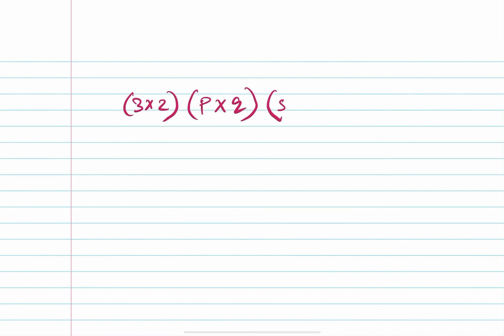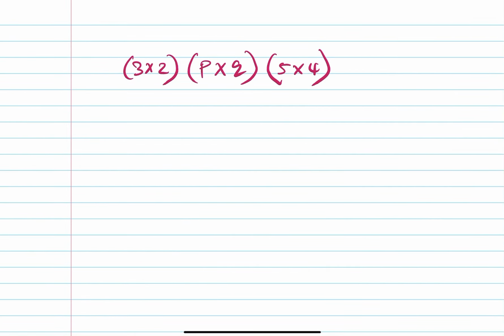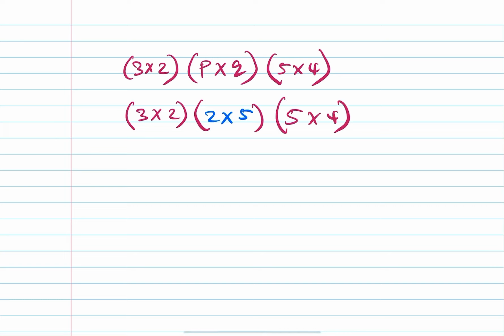Already we have picked up that P is 2 and Q is 5. So that means we're going to have a 3 by 2 multiplied by 2 by 5, and then here you've got a 5 by 4.